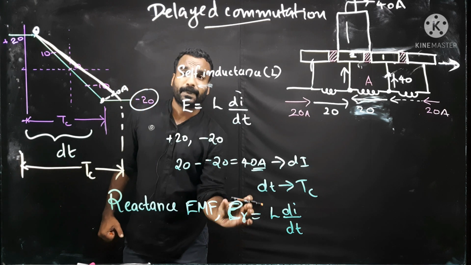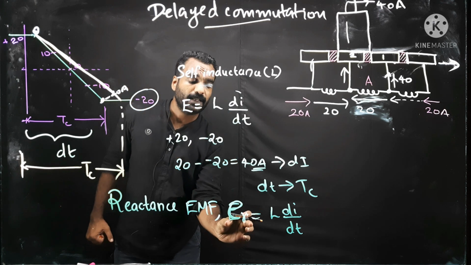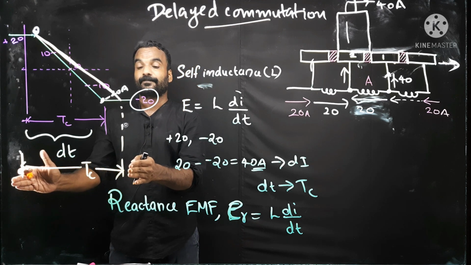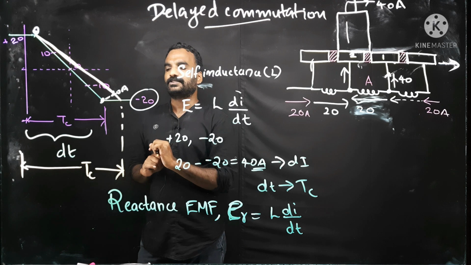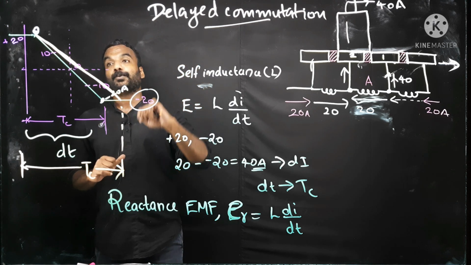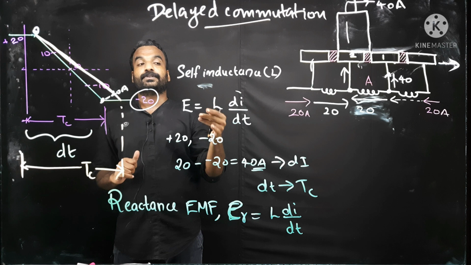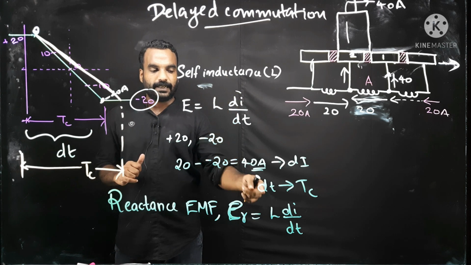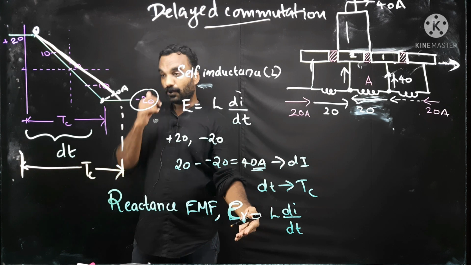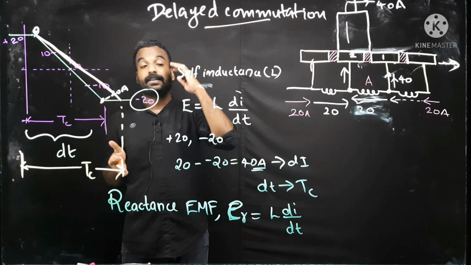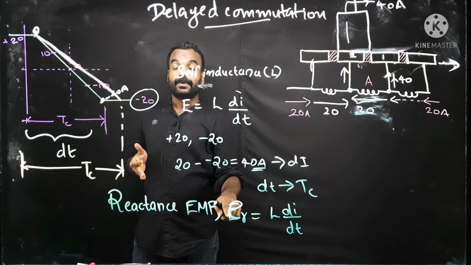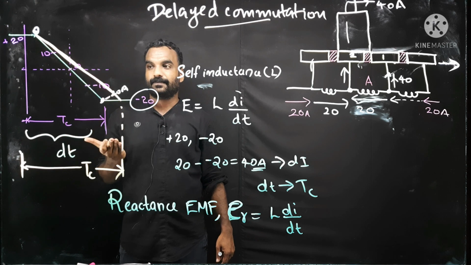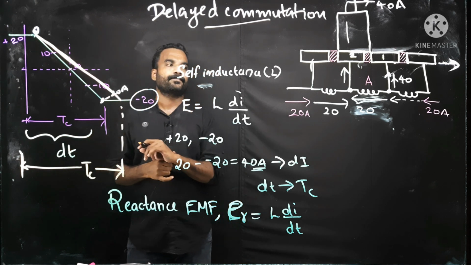Due to the opposition created by the reactance EMF, the commutation period increases, and this process is known as delayed commutation. You have to write all these things: self-induced EMF, this equation, and the definition, like due to the opposition created by the reactance EMF, the time taken for the commutation will increase, and that is known as delayed commutation.